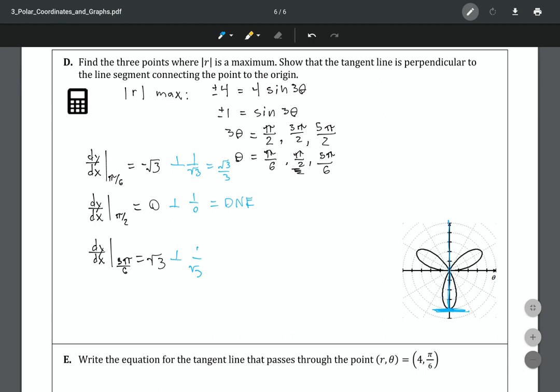We're good. Negative reciprocal, so this has to be negative here. So what's going on with this one is that these right here are those slopes that I just found.